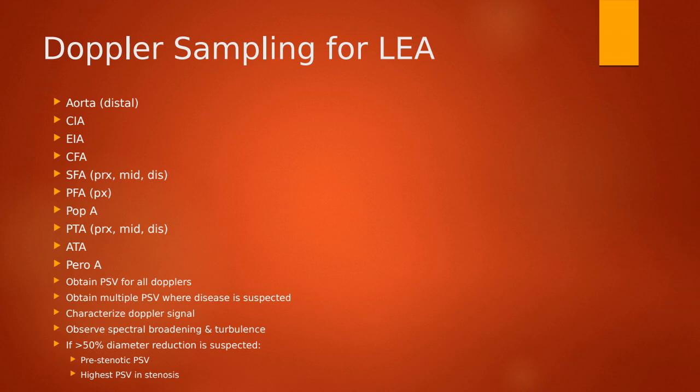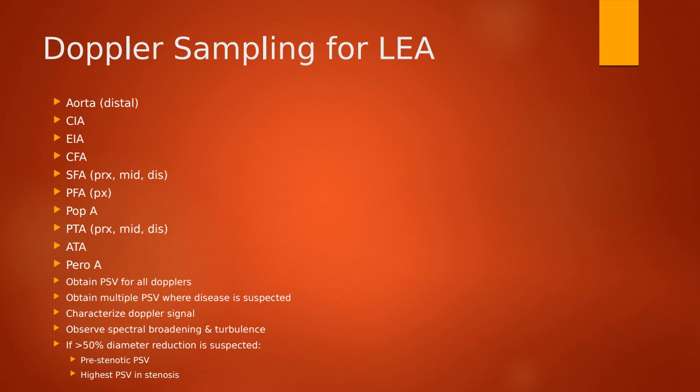We're doing peak systolic velocity measurements and end diastolic velocity measurements on all of these Dopplers. Every single proximal to distal of all of these vessels, we are getting a peak systolic. We also want an end diastolic, but it's not necessarily as important or as useful as the peak systolic.